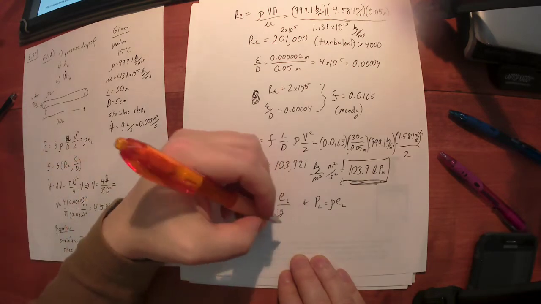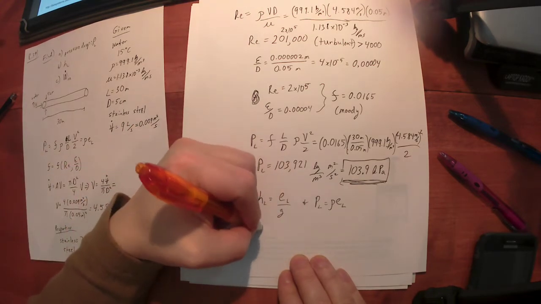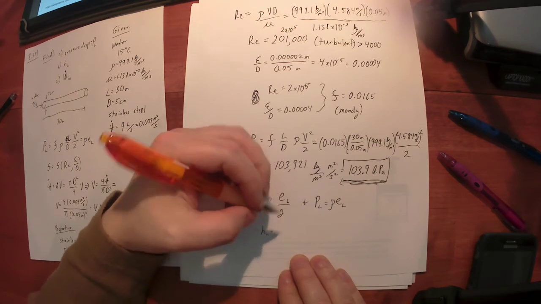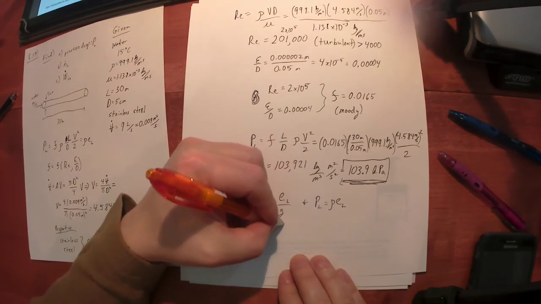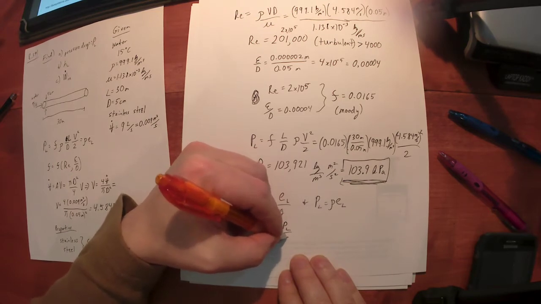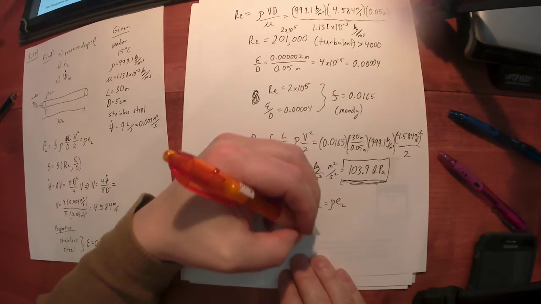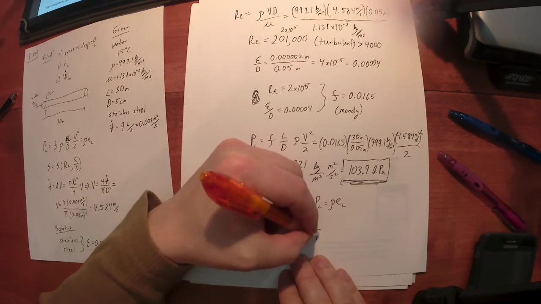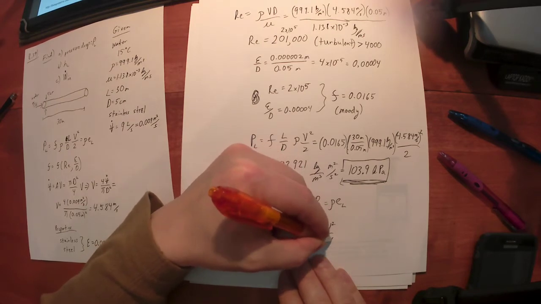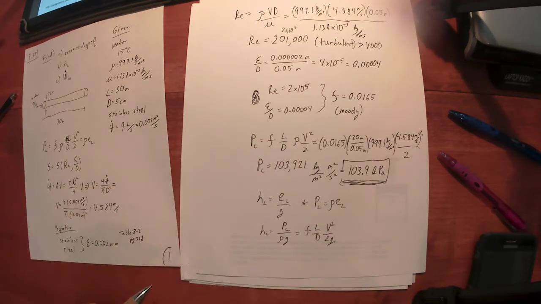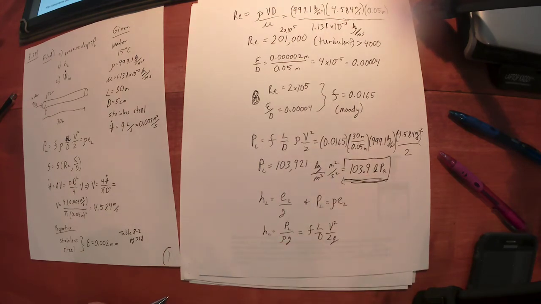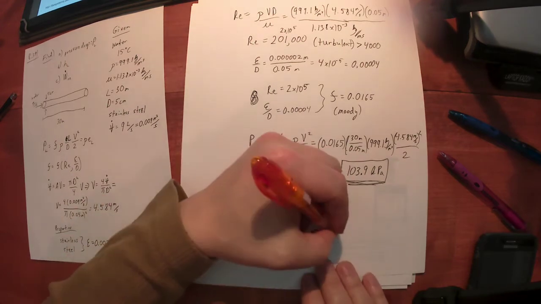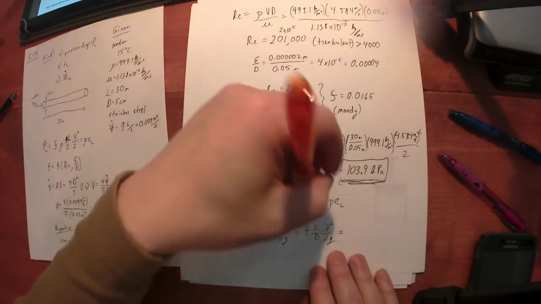So to get the head loss, the head loss is just going to be the pressure loss divided by density and divided by gravity. Or it's also f L over D, V squared over 2g, whichever way you want to do it. I've already got the pressure loss, so I'm just going to divide by density and divide by gravity, and that's going to give me my head loss.